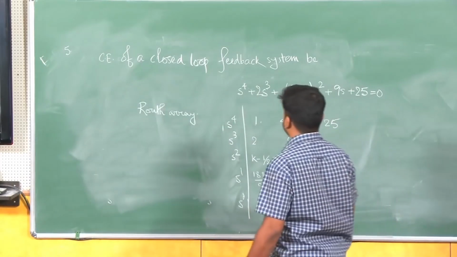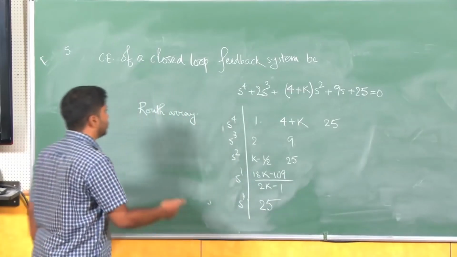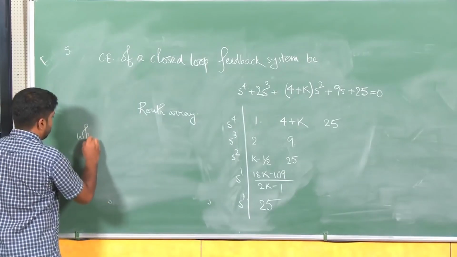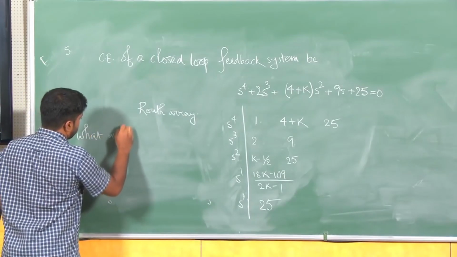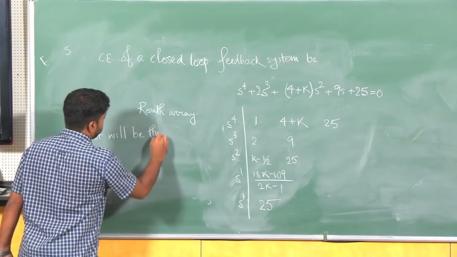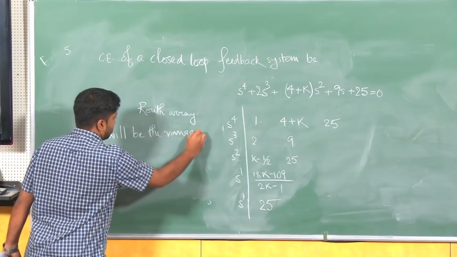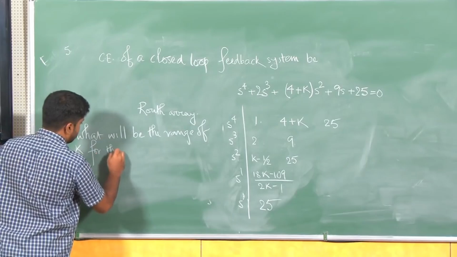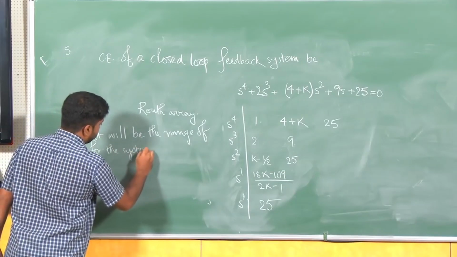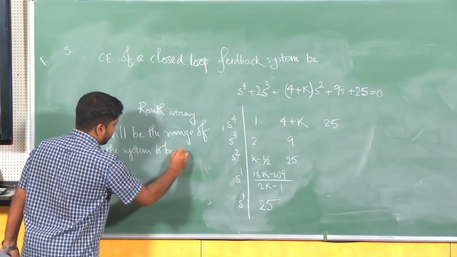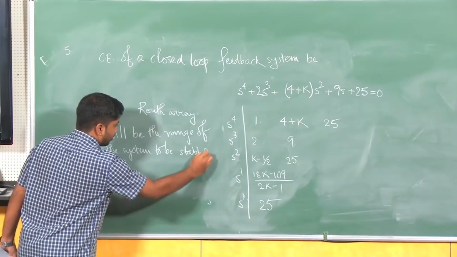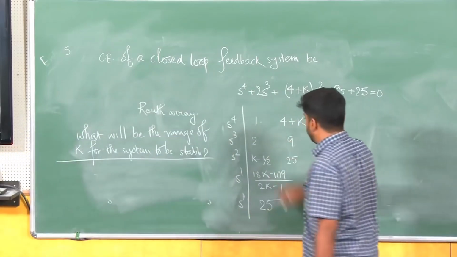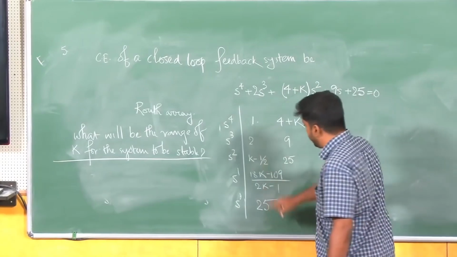Now, if we want the system to be stable, let us find out what will be the range of k for the system to be stable. For stability, we know that all the terms should be positive.